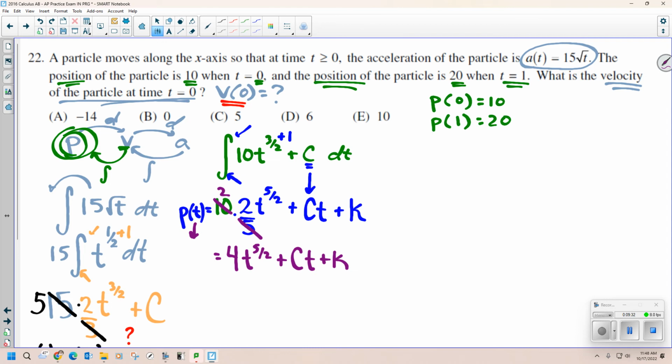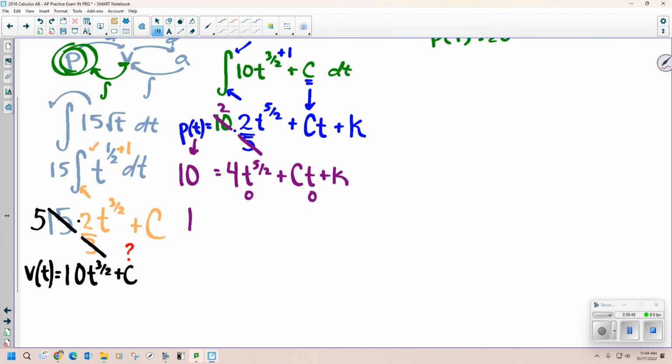Let's start with this. At time 0, my position is 10. So I'm going to make this 10 when all my t's are 0. 10 equals 4 times 0 to the 5/2 plus c times my t, which is 0, plus k.